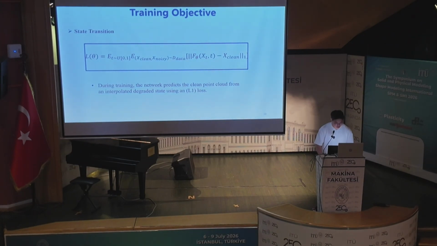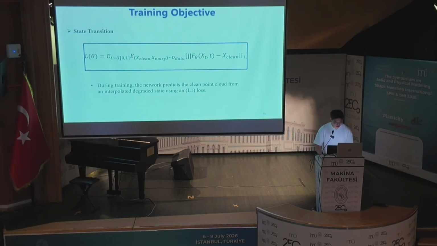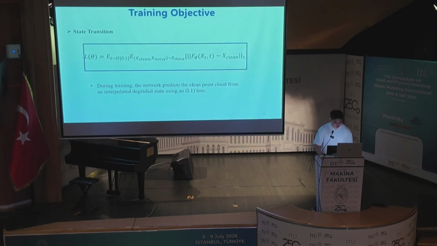During training, the network is supervised to recover the clean point cloud from an interpolated degraded state. For each closed knot pair, we randomly sample T from a uniform distribution between 0 and 1, construct the intermediate state, and ask the network to predict the ground truth clean patch.